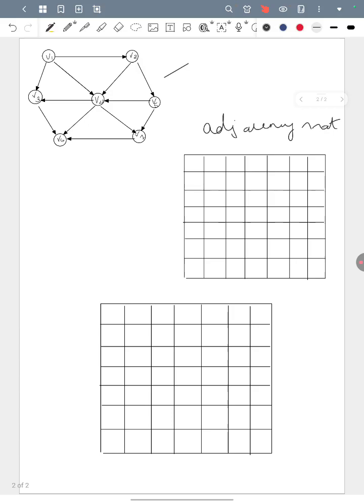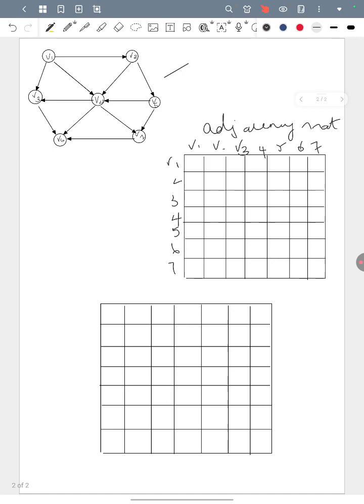We want to find the adjacency matrix for V1, V2, V3, V4, V5, V6, V7, and similarly V1 through V7. Okay, we know how to find the adjacency matrix.